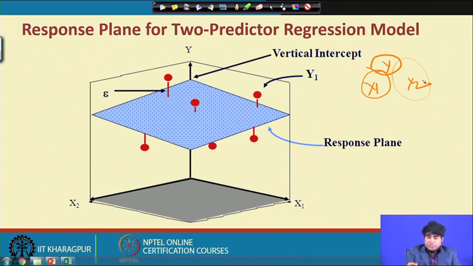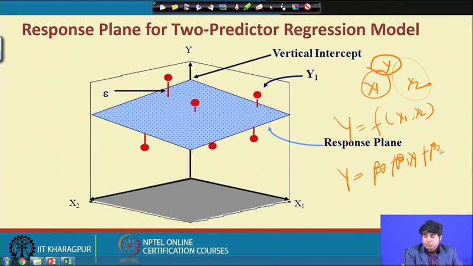you can now fix the model like this: y equal to function of x 1, x 2, and then the regression model will be y equal to beta 0 plus beta 1 x 1 plus beta 2 x 2, and then plus the error term. This is the simple mathematical representation of the prediction of y subject to the availability of x 1 and x 2.